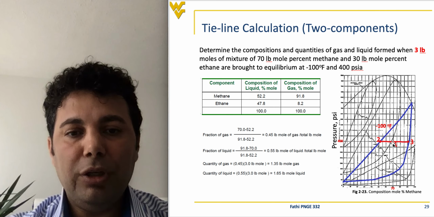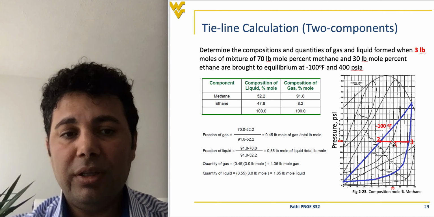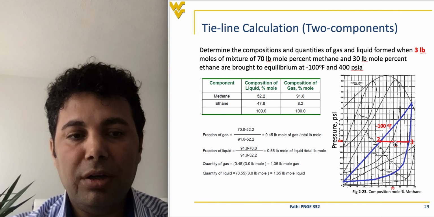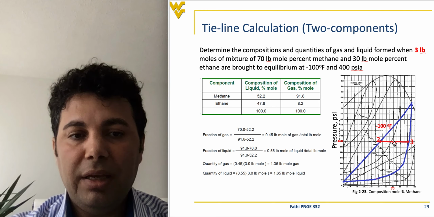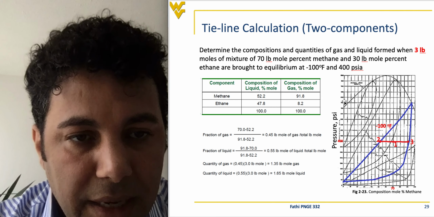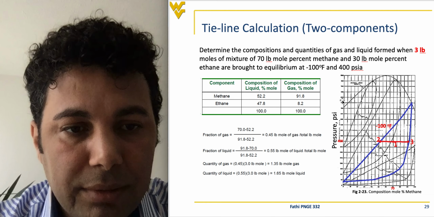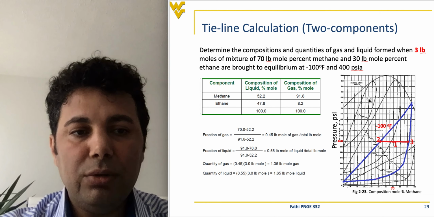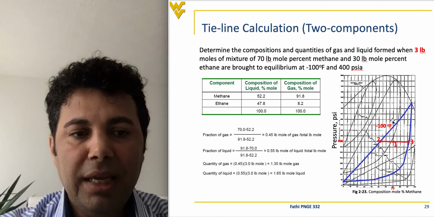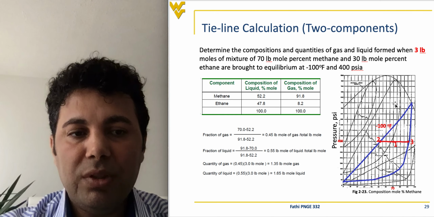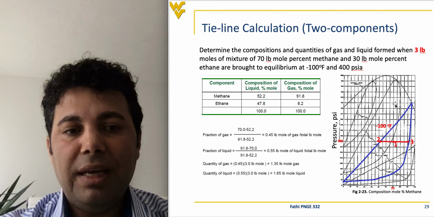So at this point, I know I have gas and liquid because point number 1 falls inside the two-phase envelope. Okay, if the pressure was, let's say, 900, and 70 pound-mole percent of methane, then this point would fall somewhere here to the left side of the bubble point.